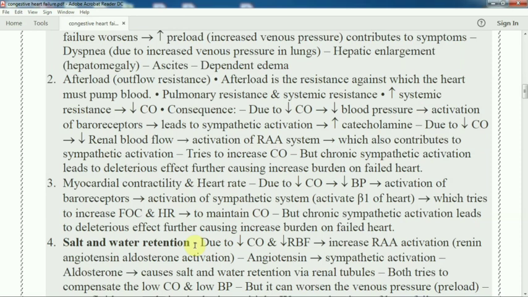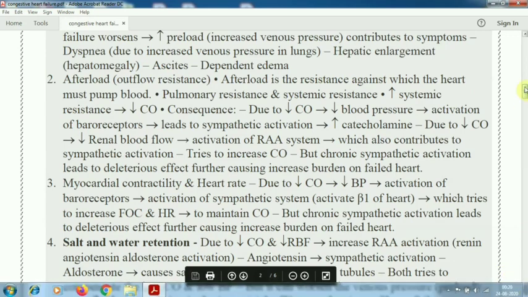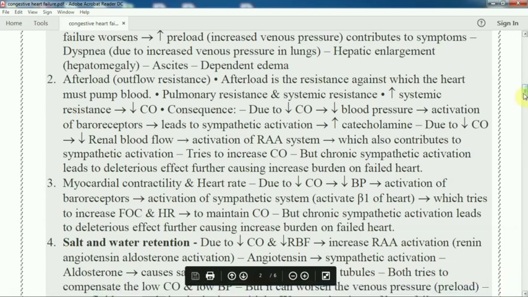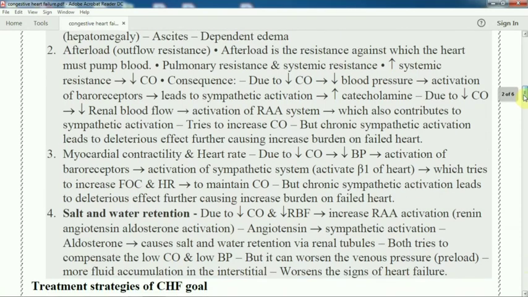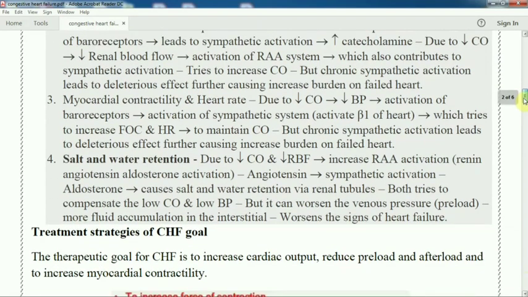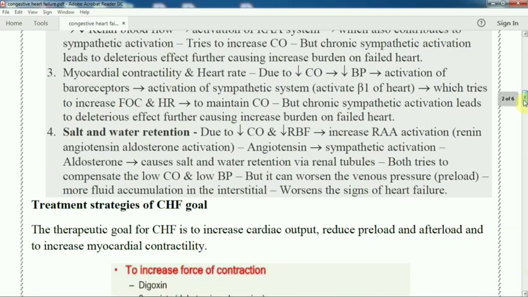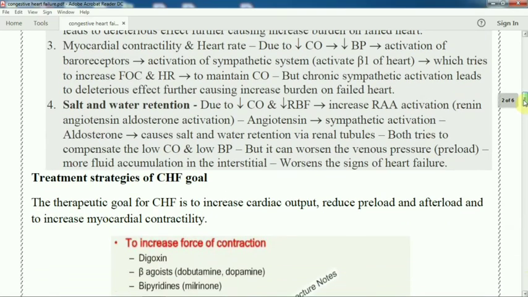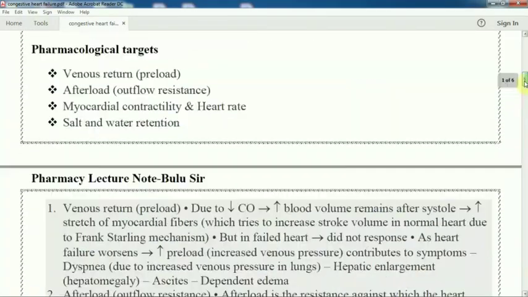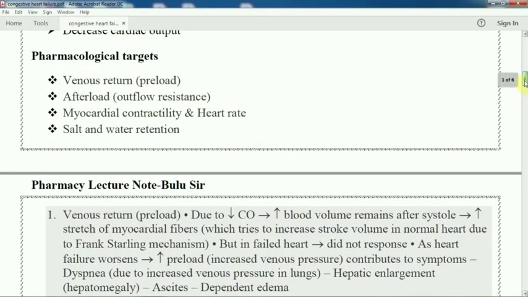Both try to compensate for the low cardiac output and low blood pressure. But it can worsen the venous pressure and preload, cause more fluid accumulation in the interstitium, and worsen the signs of heart failure. So this is the pharmacological target. So in a congestive heart failure patient, what are the symptoms, or what happens inside the heart?